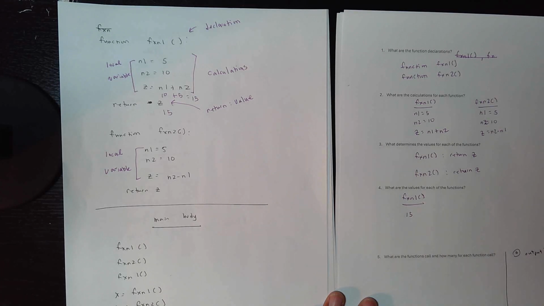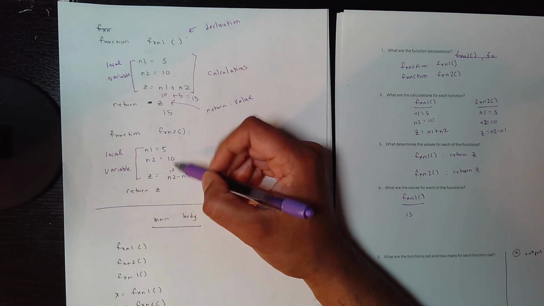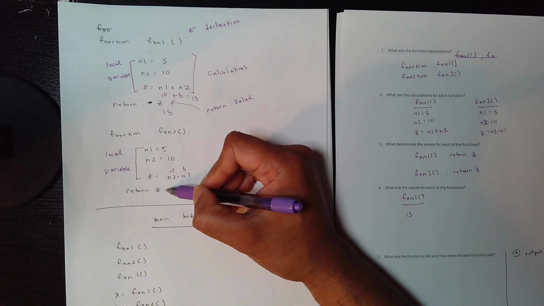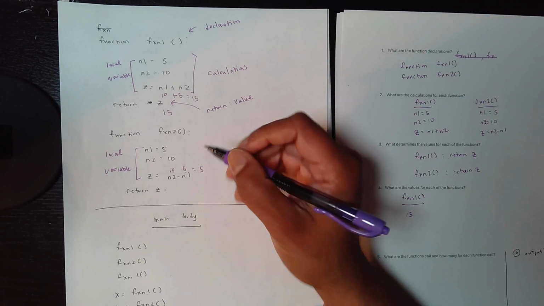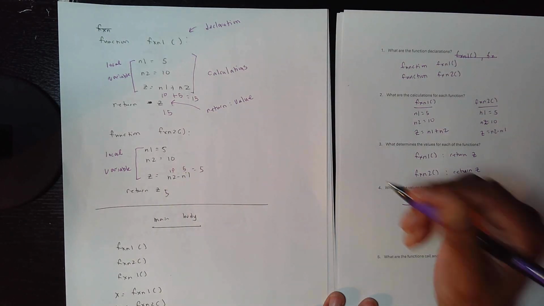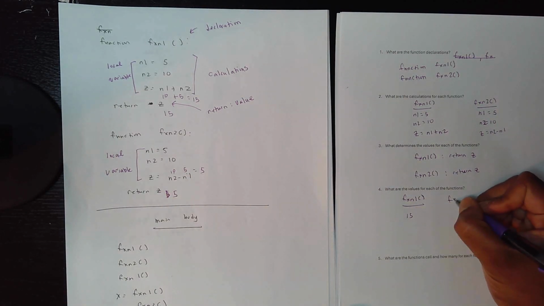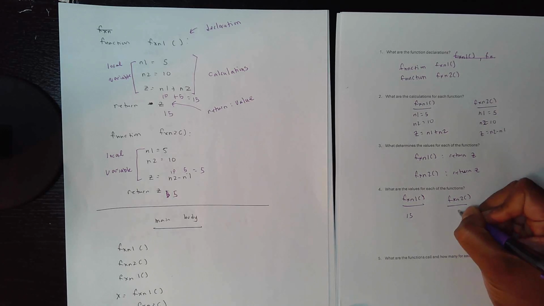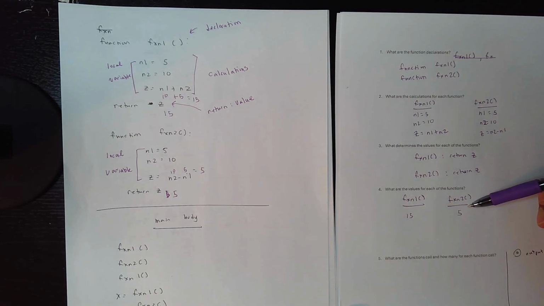Here again, my n1 is 5. So now this is 10. This is 5, right? So 10 minus 5 is 5. So I'm going to return 5, right? So now for function 2, my value is 5. Even though the variables are the same, look how you get different answers.